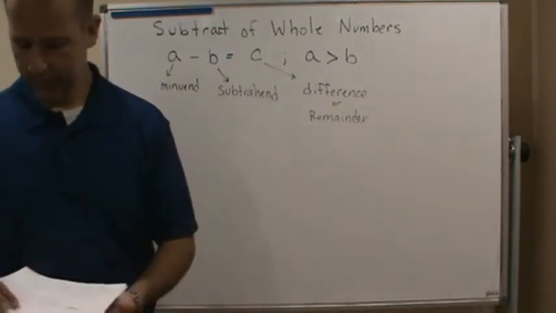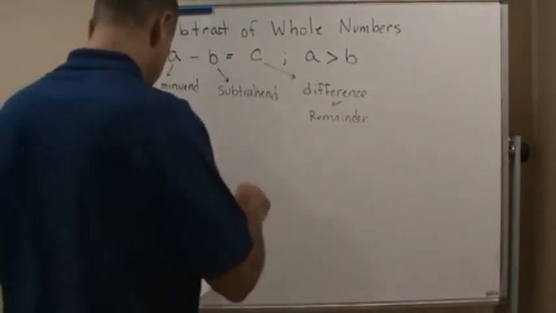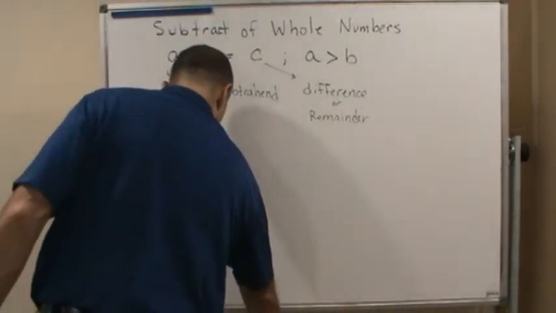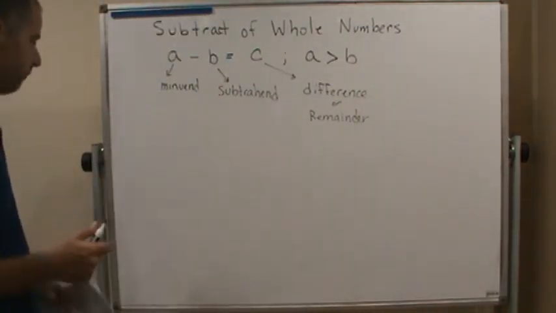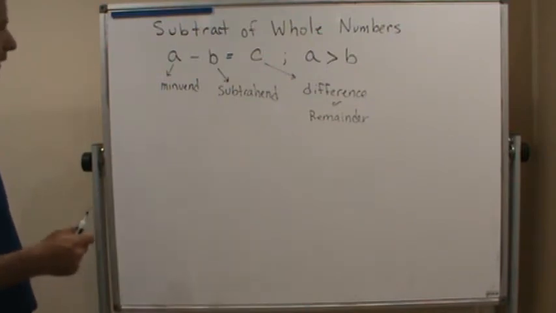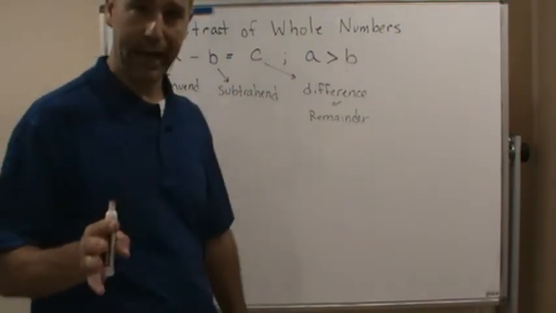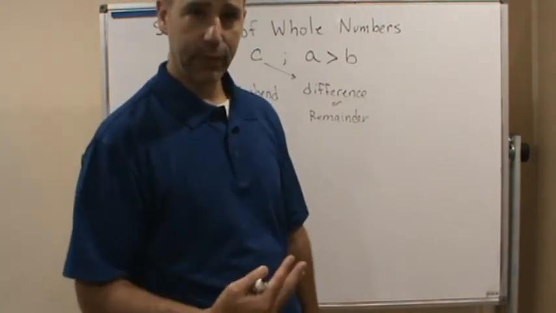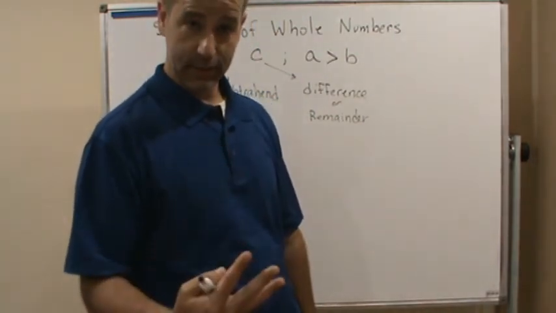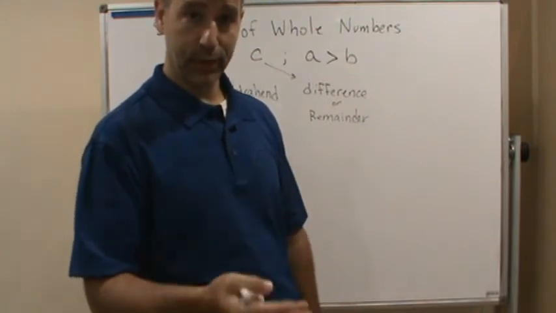Okay, so let's do an example. Oh, no, before we do that, let me say a couple other things. Okay, so one of the things that we do when we have an operation like subtraction, if there are parentheses, we always do what's in the parentheses first.